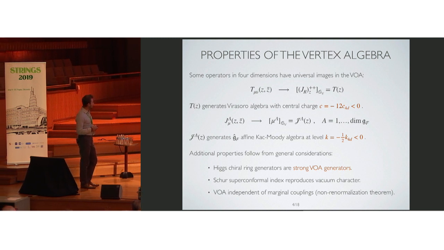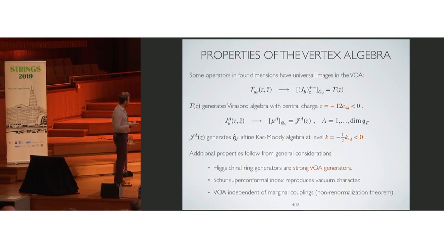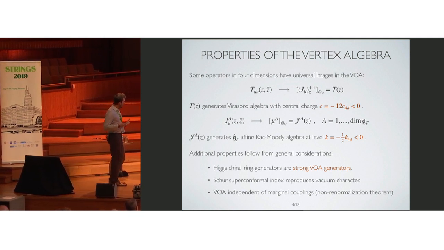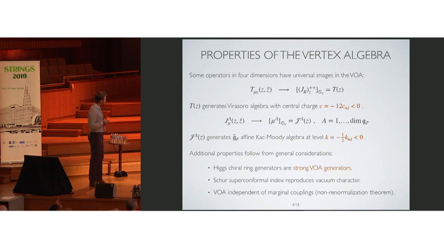Again, the level of that Kac-Moody algebra is related to the so-called flavor central charge k_4D of the 4D theory by a factor which is -1/2, and k_4D is positive in unitary four-dimensional theories, so we're getting negative level affine Kac-Moody subalgebras.